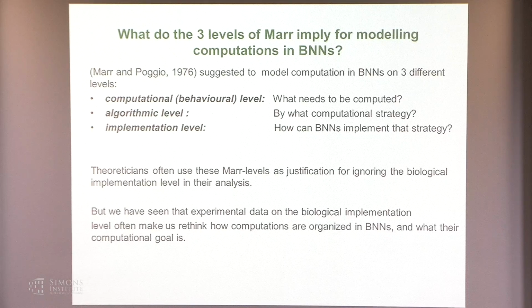My impression is that now we have so much data about BNNs that we have to take this seriously, and I've tried to show in my lectures that simply taking this data seriously suggests particular algorithmic approaches, and in the end also different computational approaches like sampling, which otherwise may not be suggested, if not suggested by biological data. So I think we have to learn also to take all three levels of this Maass hierarchy seriously.